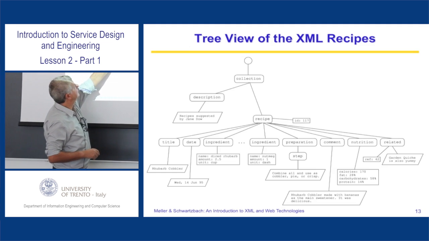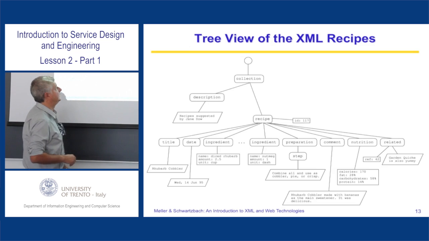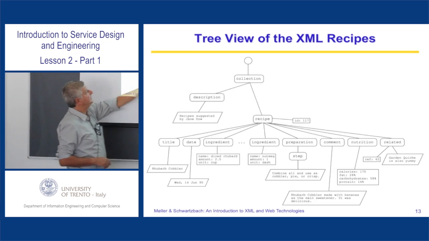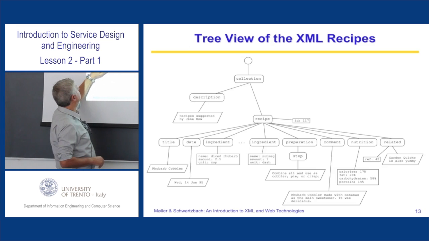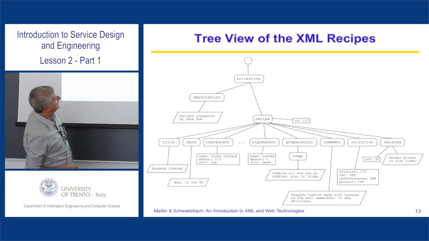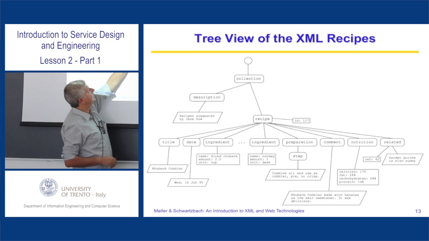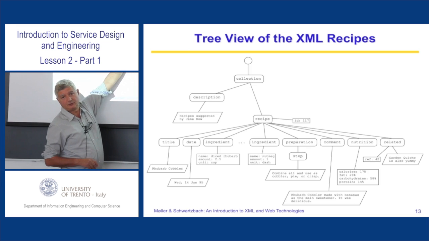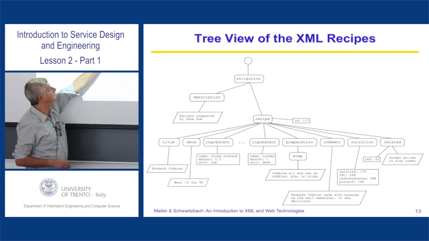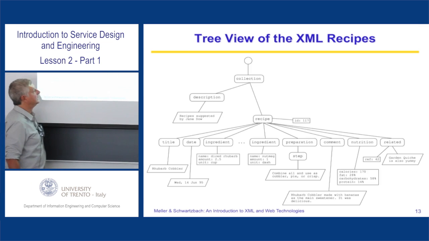So these signs are for the nodes. The recipe, every recipe has some other components: title, date, ingredients, preparation, comment, nutrition related. The node can also have some parameters, some attributes. So you can add information, these are the so-called data and metadata about this node.